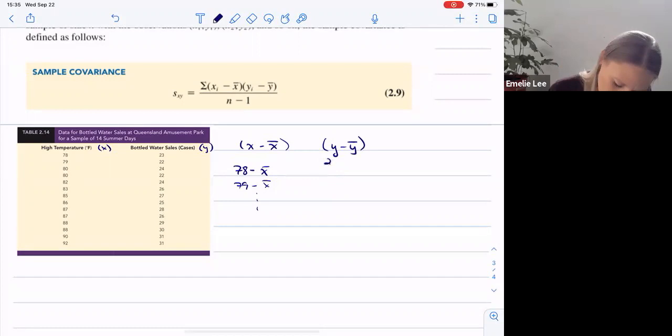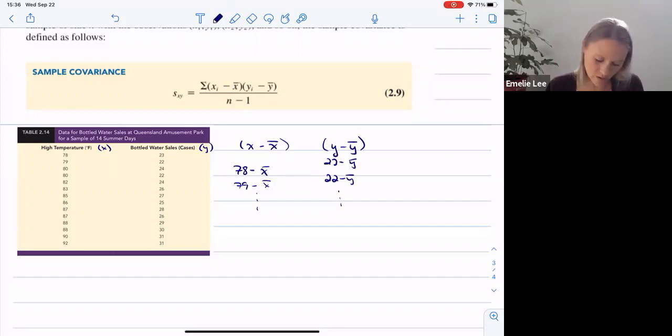But here it would be 23 minus Y bar, 22 minus Y bar, so on and so forth. Where Y bar is, of course, the average of the Y's, which means we'd have to add these up and divide by, I'm guessing 14 summer days, it looks like.